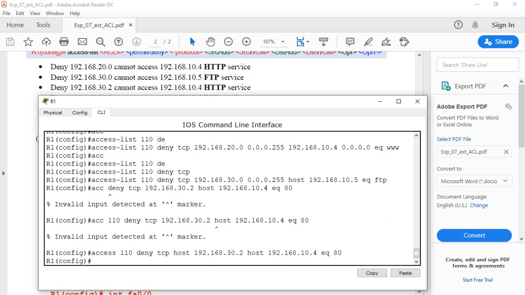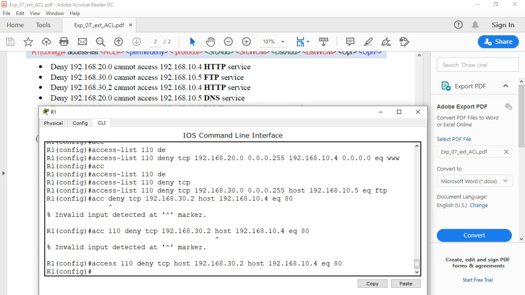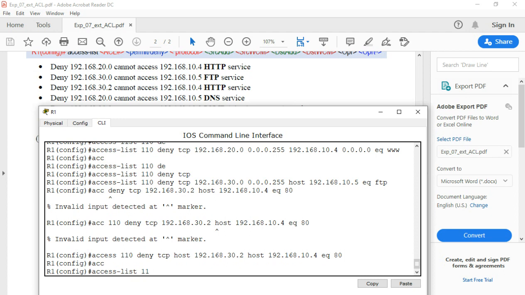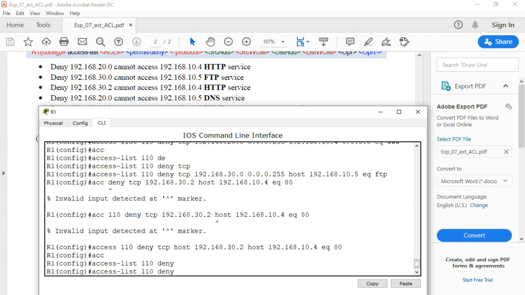Okay, we prevent the HTTP services. Now let's see the other one, the DNS. DNS, okay, we can write DNS service, or I think the port for it is 53. Okay, so let's do it. Access list 110 deny UDP, because DNS uses UDP.